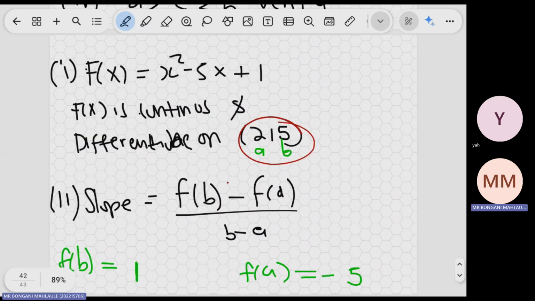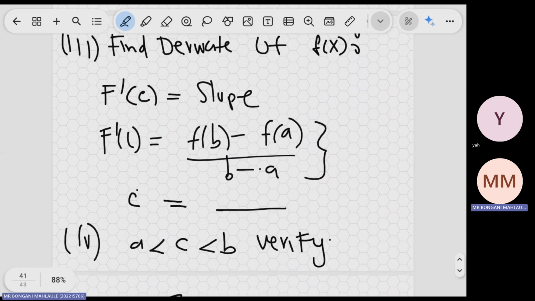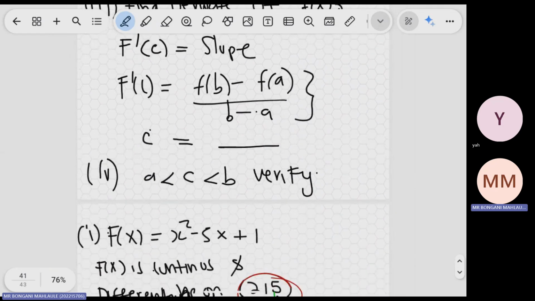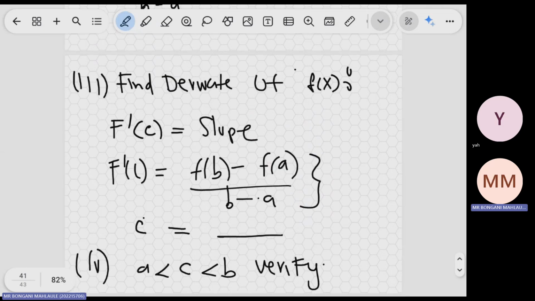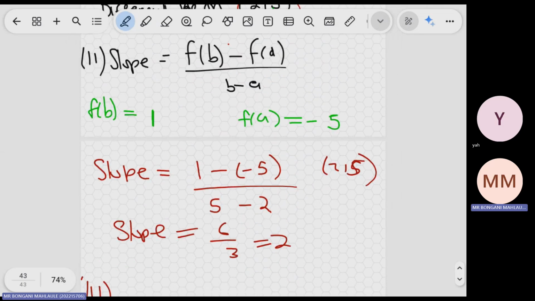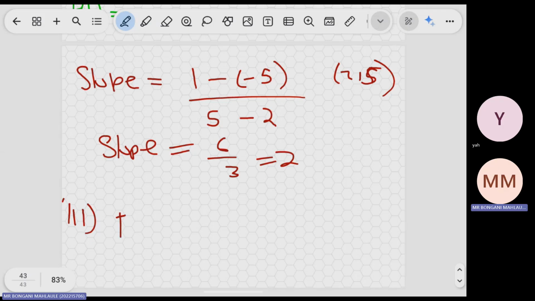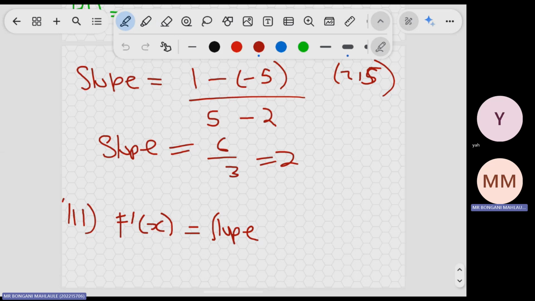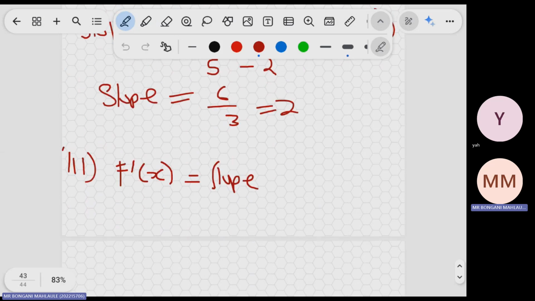We must verify this. Find the derivative. We must find the value of c, if it exists, by equating the derivative of our function with the slope. But let's first get f of x.